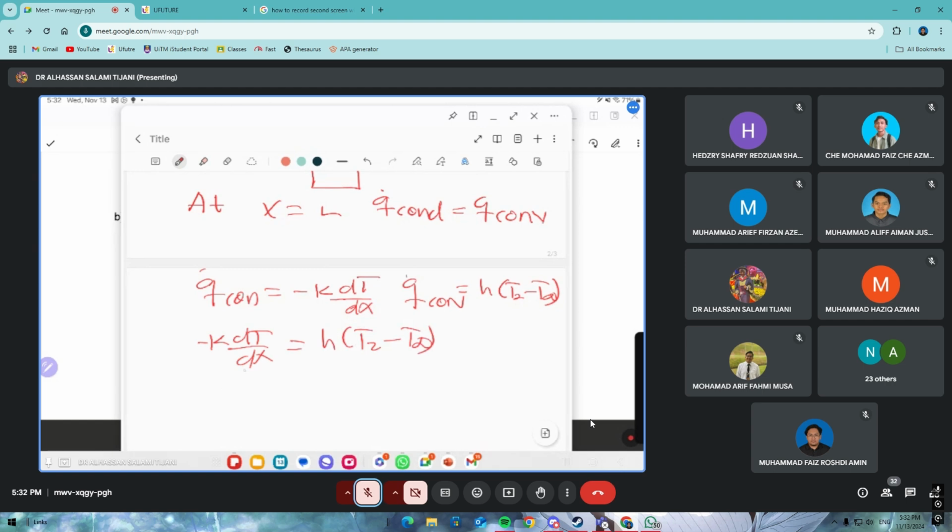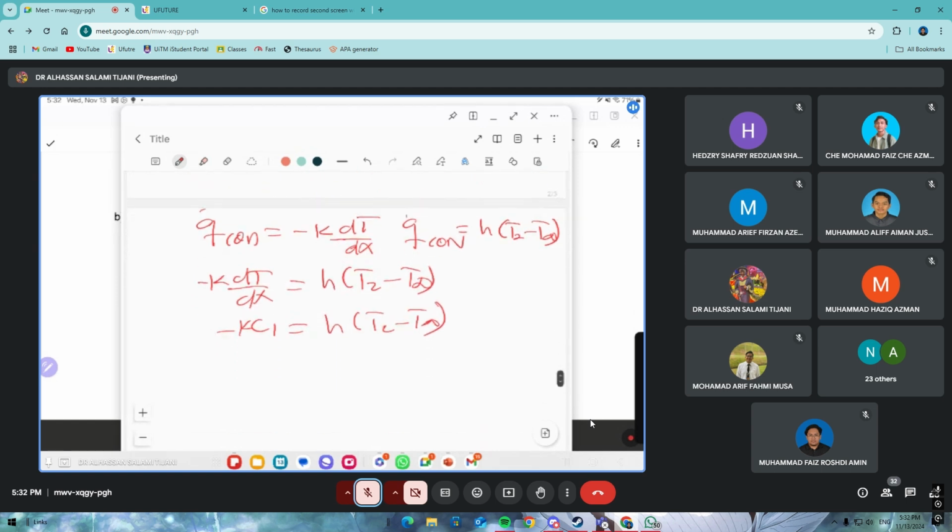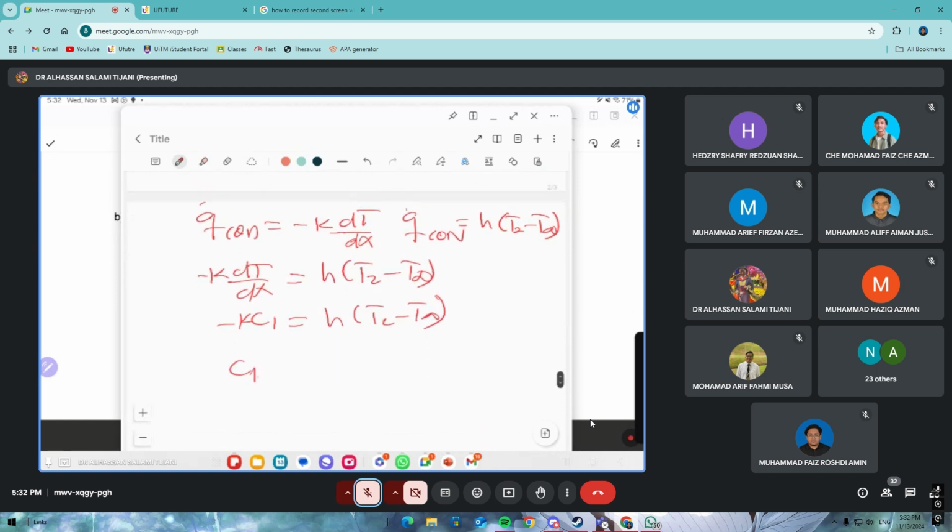Okay, so now minus K C1 equals h times T2 minus T infinity. So eventually C1 equals h times T2 minus T infinity divided by K.